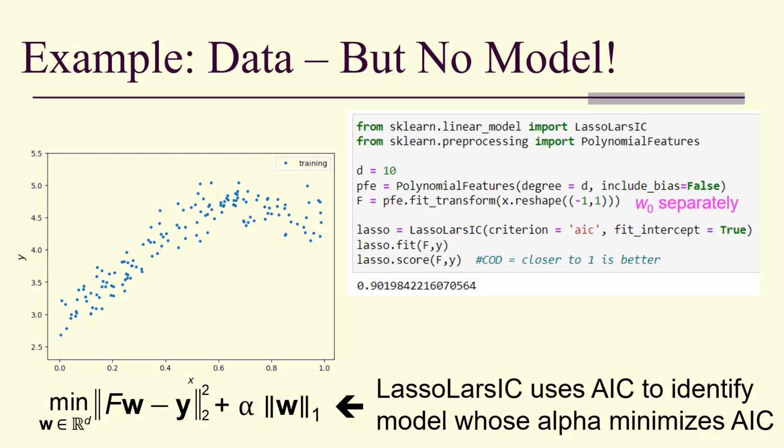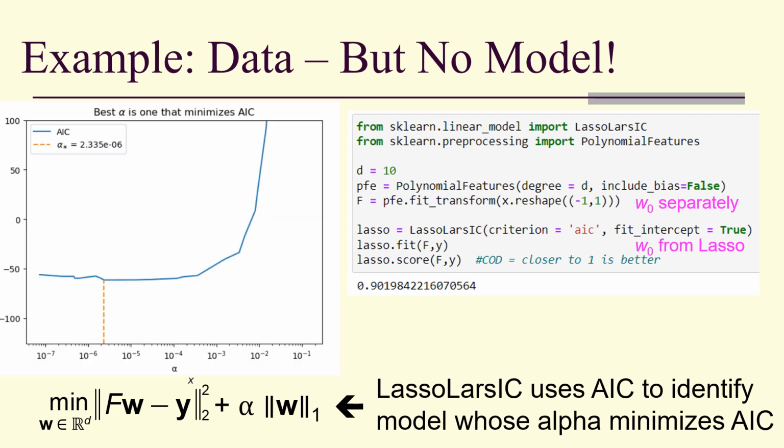Now notice that we're going to consider the intercepts separately. So this polynomial features matrix is not going to have the column of ones. And instead, we're going to let Lasso figure out what the intercept is. This is a general practice that I don't know if it's preference or what, but I tend to use it. I tend to let the methods figure out what the intercepts are.